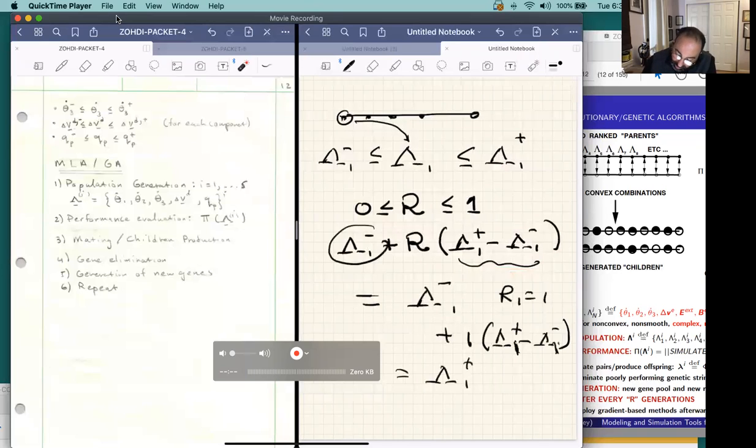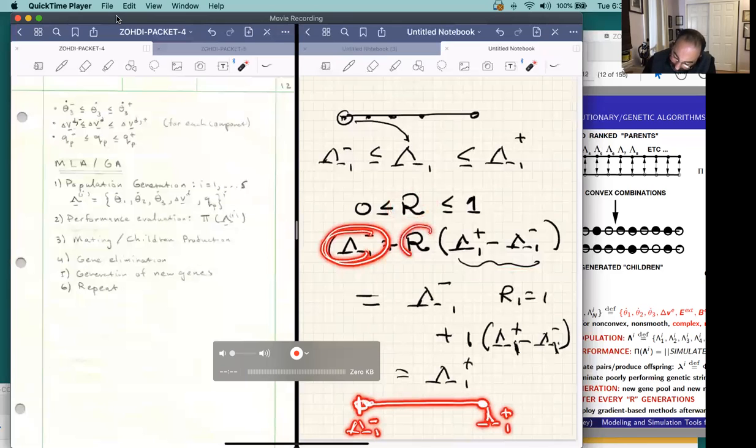So just with a single number R, I'm able to generate anything that slides in between the maximum value, lambda 1 minus, and lambda 1 plus. I start with the lower bound, add the random number that goes between 0 and 1, and it slides and figures out any possible value between the max and the min.